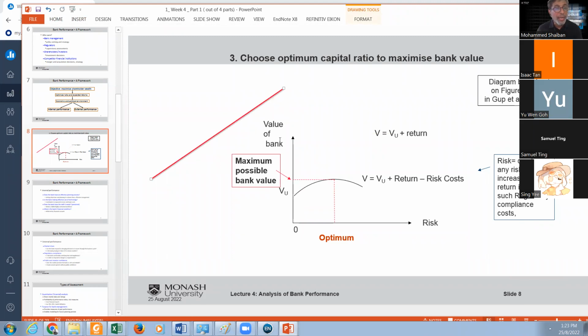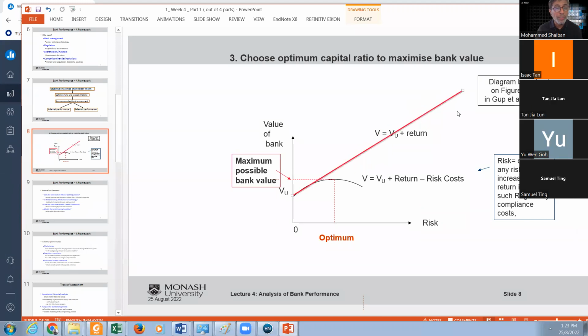But we cannot, because if we look at this here and we continue, see how much risk we have now? Too much risk. If you look at the formula, which is a quadratic one, yes, we increase the risk and return, but the damage from the risk is higher than the profit from the return, and therefore the impact on the shareholders' wealth starts to drop.